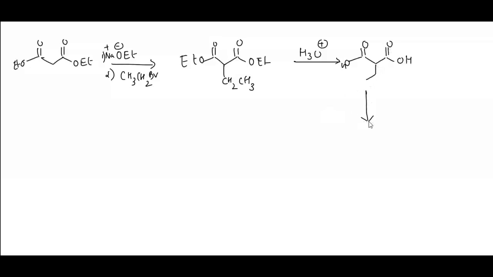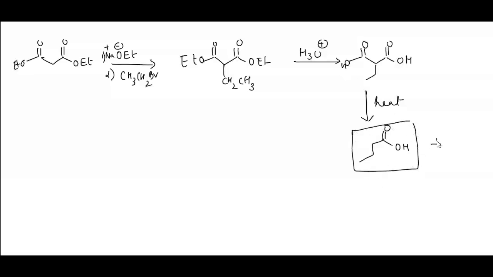And then finally the decarboxylation reaction by heating, where I eliminate a carbon dioxide molecule, and I get butanoic acid: 1, 2, 3, 4. See, I ended up forming butanoic acid.